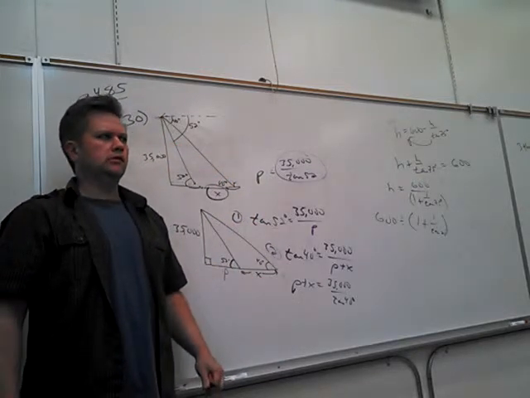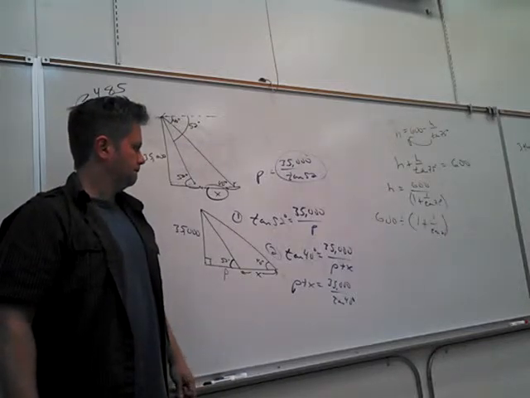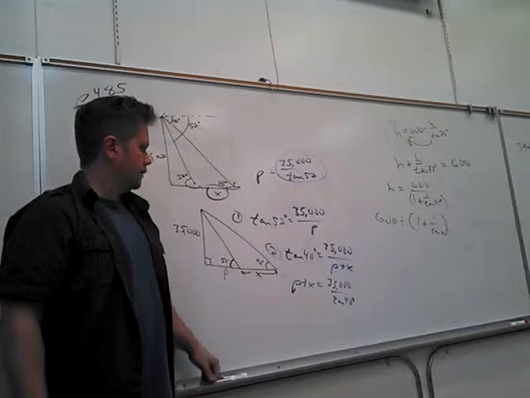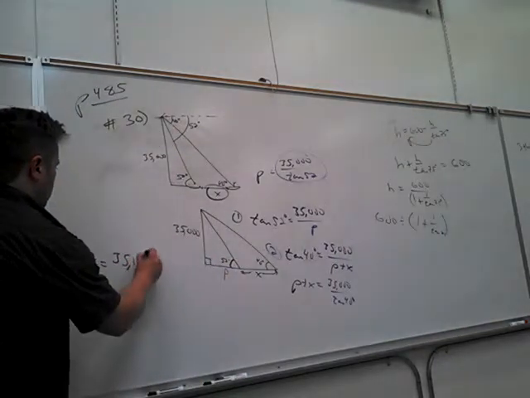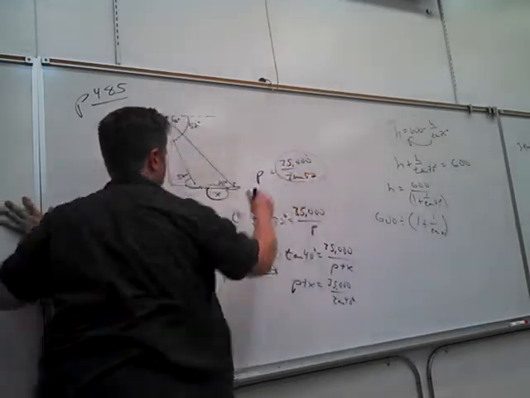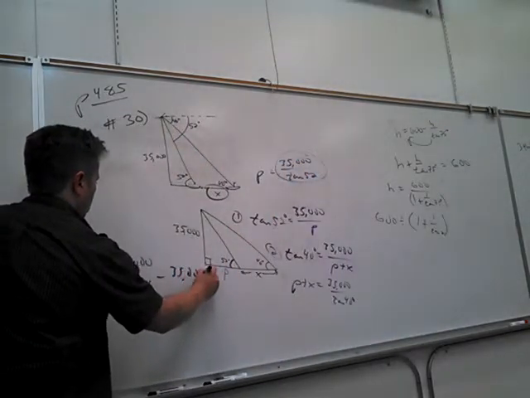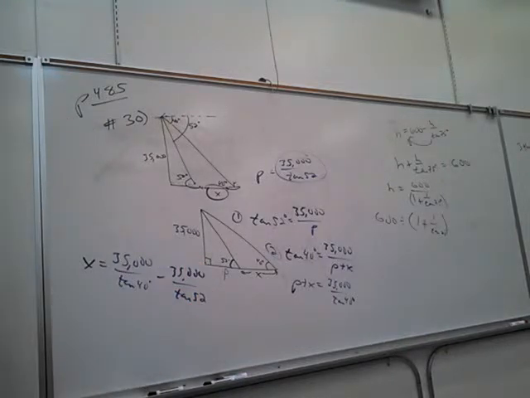Okay. Maybe. So you'll get x equals 35,000 over tangent 40 minus 35,000 over tangent 52. And I have no idea whatever it comes out.